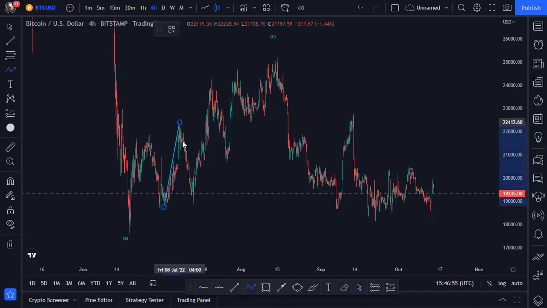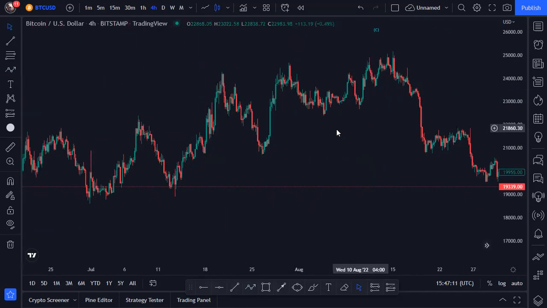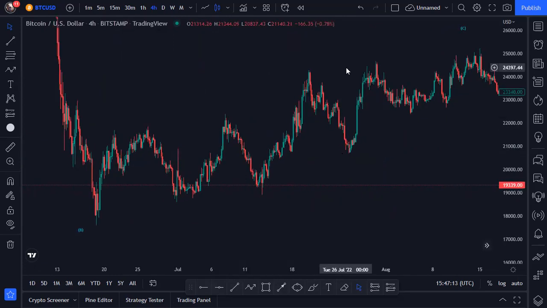We have an impulse, a correction, impulse, a correction, impulse, a correction, and then all the way up here until back down until this low got broken. Now, momentum lines basically show the strength of every impulse. So a trend line connects between the lows of an uptrend. Momentum lines connect between the lows of an impulse.